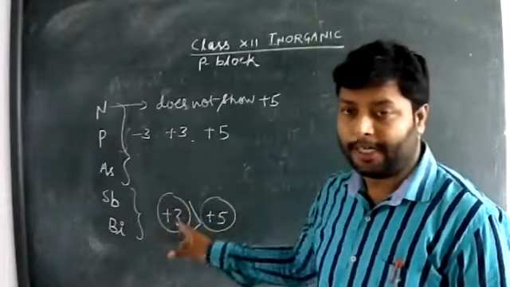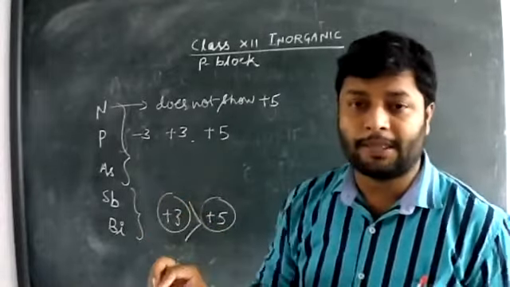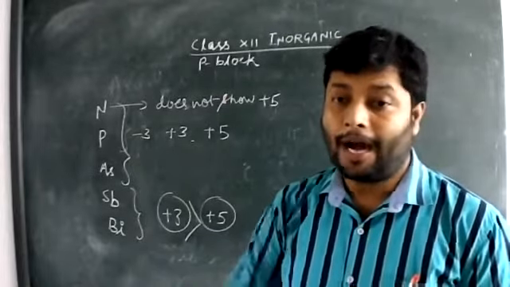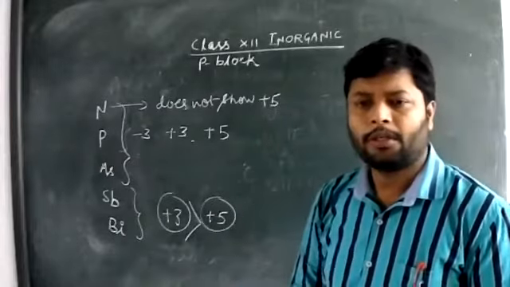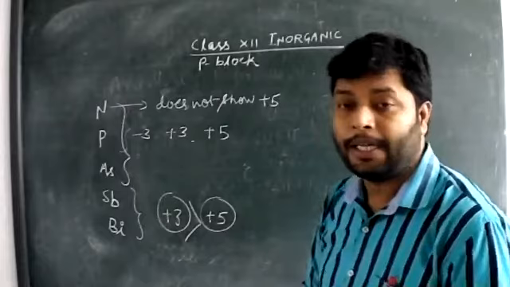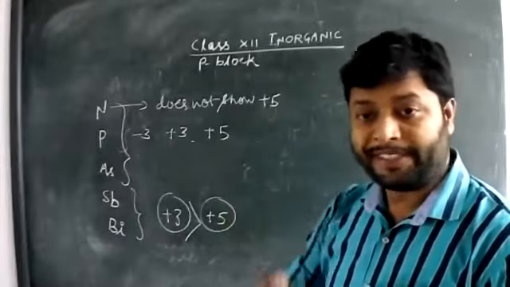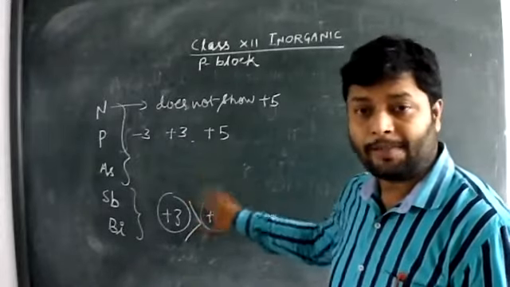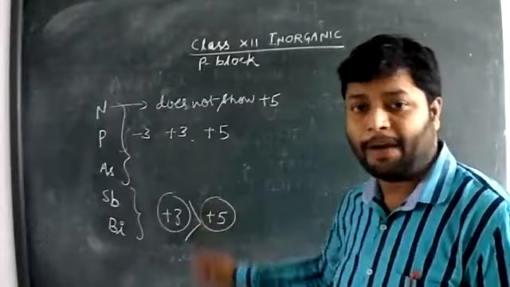Remember a point: the lower oxidation number in the whole P block always becomes more stable down the group. In the same way, antimony and bismuth have +3 as a more stable oxidation number than +5.